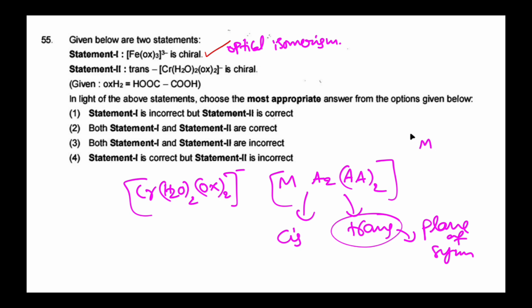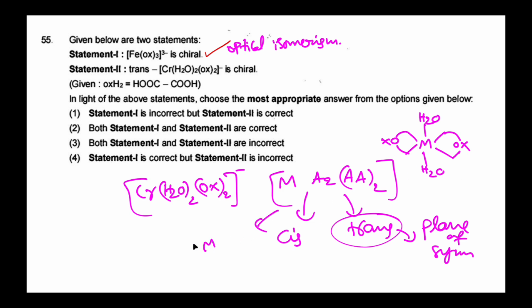Here M is an octahedral molecule. This is one oxalate ion, this is another oxalate ion, and here H2O is there and H2O is there. A plane of symmetry is present. If it is cis, there is no plane of symmetry.